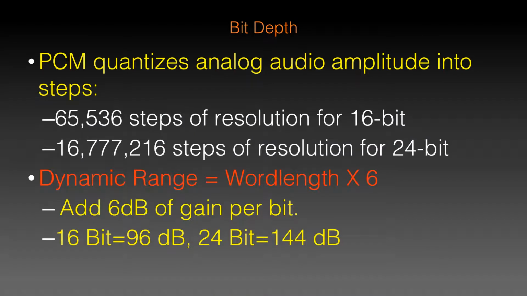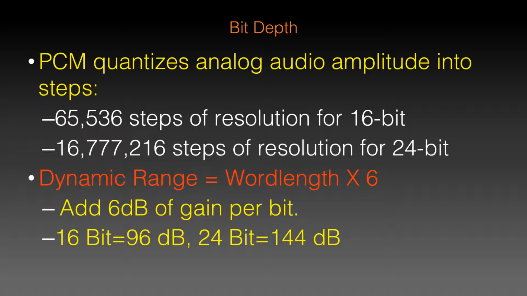Bit depth, on the other hand, relates to dynamic range. And when we're thinking about our Lego or our graph paper analogy, 16-bit resolution only has about 65,000 steps, and 24-bit has 16 million steps. You can see that there's a huge difference in the detail with which we would be able to record.